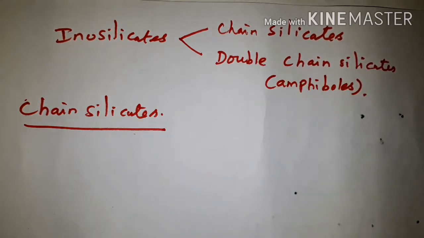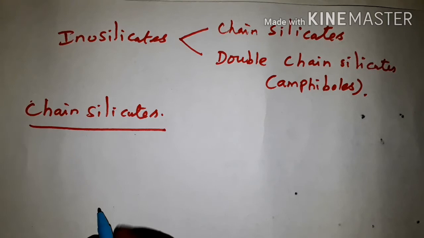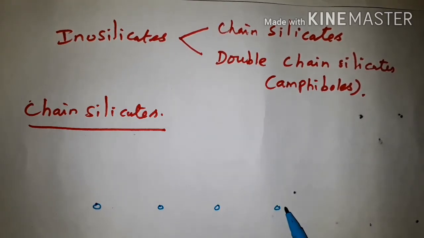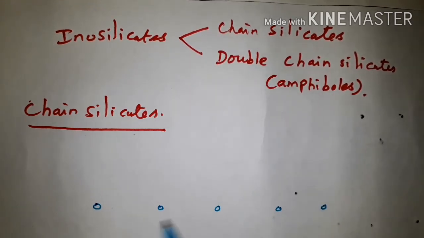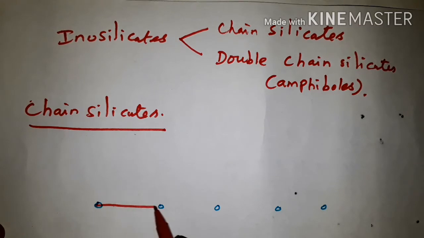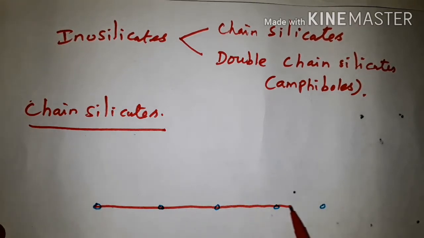First I will explain the structure of chain silicates. First draw oxygen atoms. These are oxygen atoms, and they lie in the same line, present in one line.